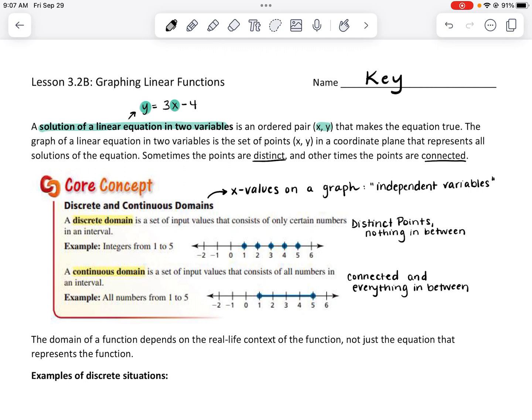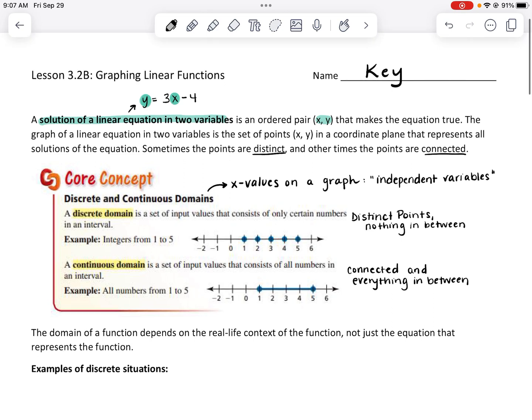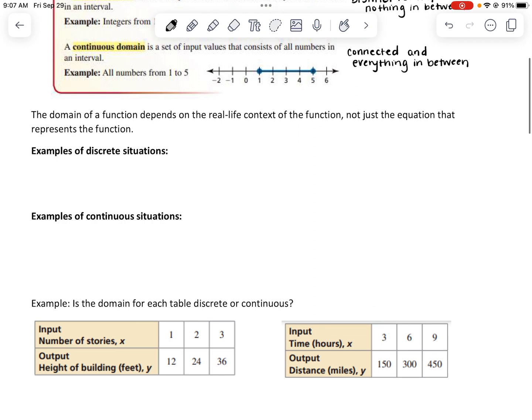So you might be thinking, what does that even look like? Let's move down the page a little bit and talk about real life context of what this could look like. I want you to maybe think in your head of things that are discrete situations. So things that are not continuous, you're going to have one of them and then another, but they don't kind of connect.